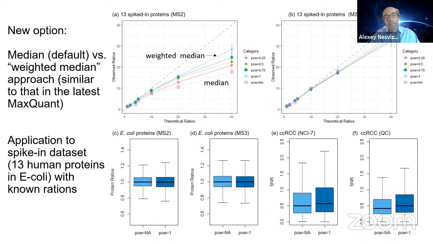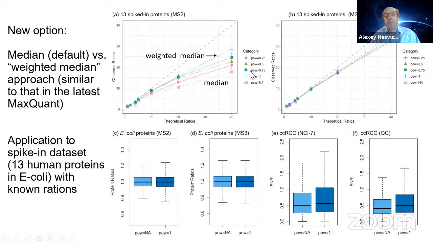But we do not find this particularly useful except in artificial data sets, such as spike-in protein data sets, where you have really, really high ratios of 40 to 1 and so on, because the spike-in protein is very different abundance. So based on our benchmarking comparisons, we conclude that except in cases like a data set like this, and MS2 data, for MS3 data, the interference effects are not very important.